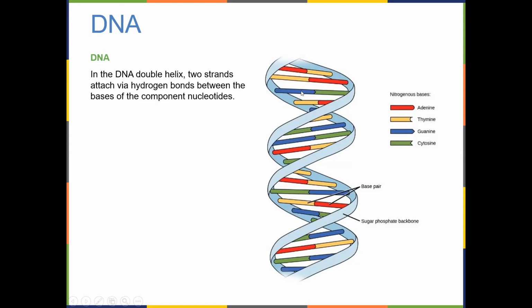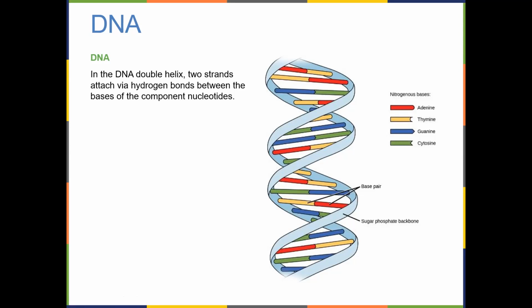And here we see there's guanine bound to cytosine. There is thymine bound to adenine. There's adenine bound to thymine. And here is cytosine bound to guanine. So it doesn't matter which side they're on. Adenine will bind to thymine. Thymine will bind to adenine. Cytosine binds to guanine. Guanine binds to cytosine. And they're held together.